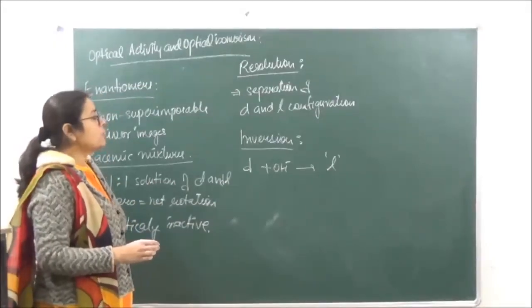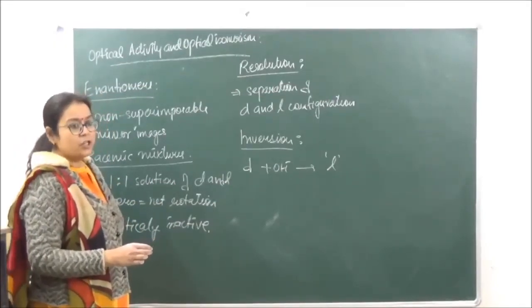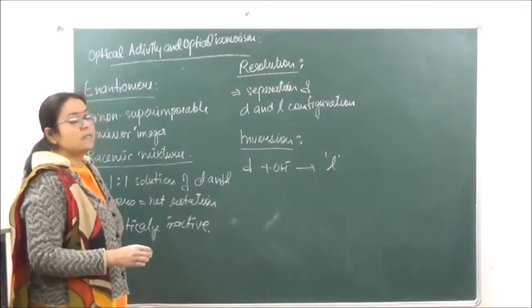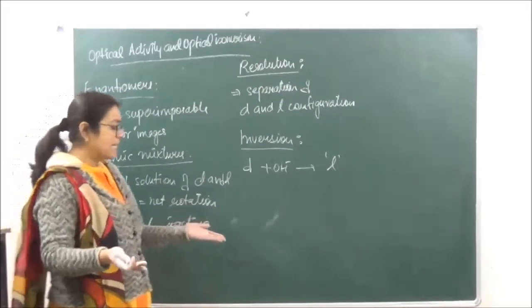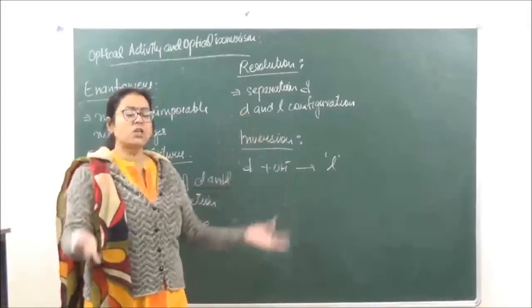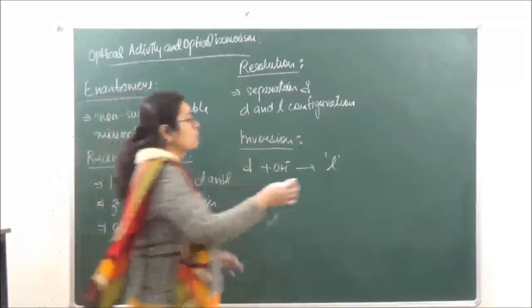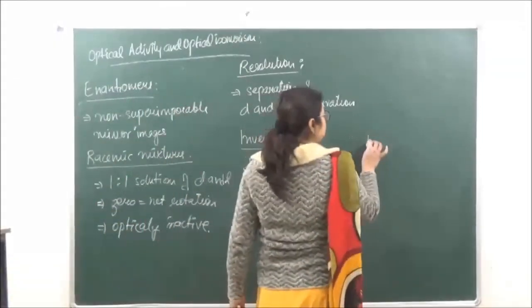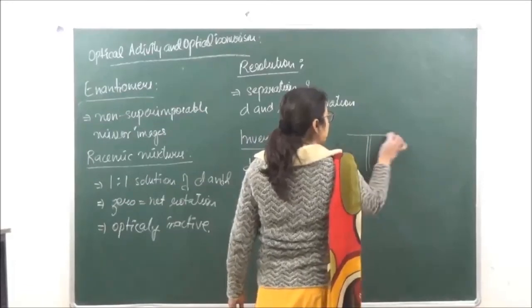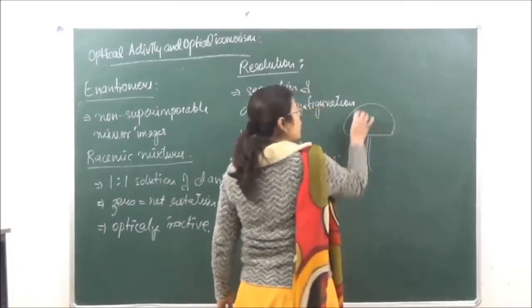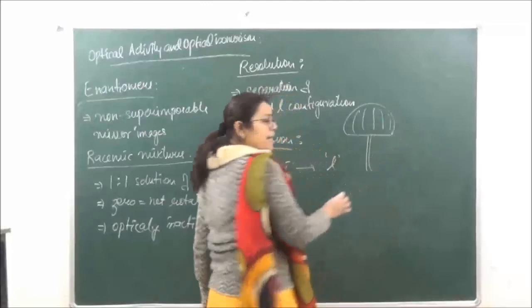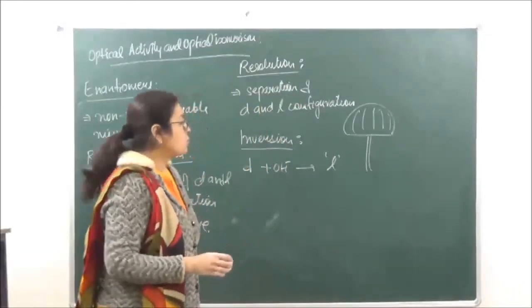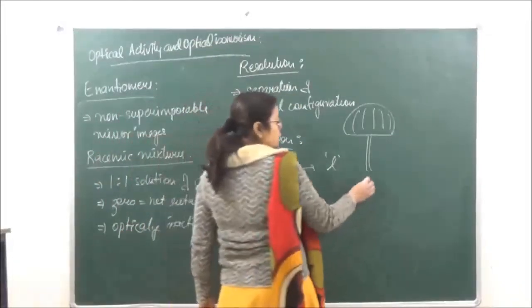So when D changes to L after reaction, that is known as inversion of configuration. It's just like an umbrella which is turned upside down. Okay, so if we have an umbrella, this is how your umbrella is going to look like. Let's say that this is D configuration.